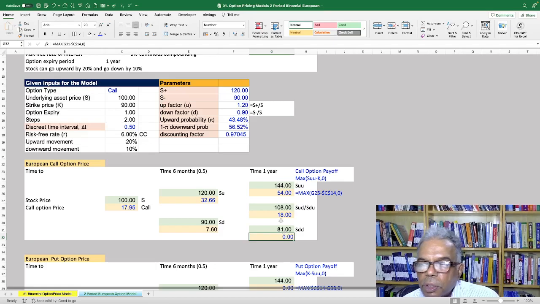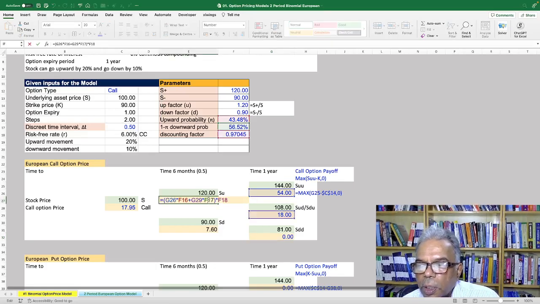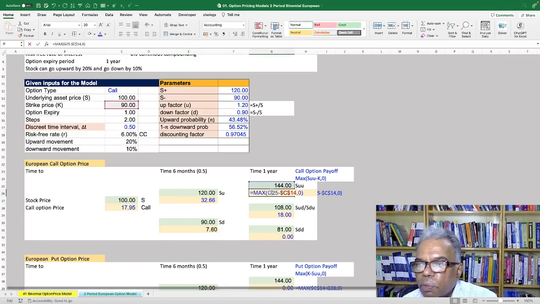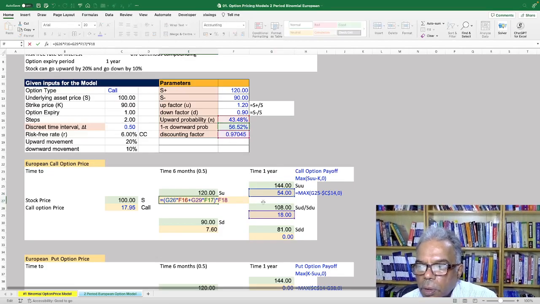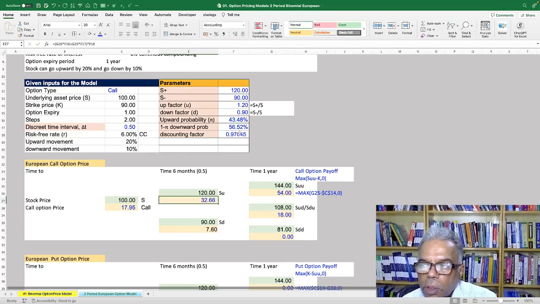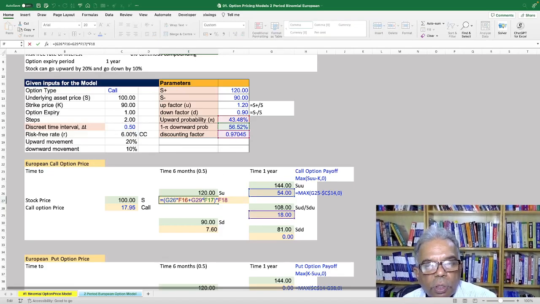Now the next step is we need to move backwards, calculating the expected value using the up probability and the down probability. So 54 into the up probability plus 18 into the down probability, into the discounting factor. Since we are traveling backwards, we are using the discounting factor.